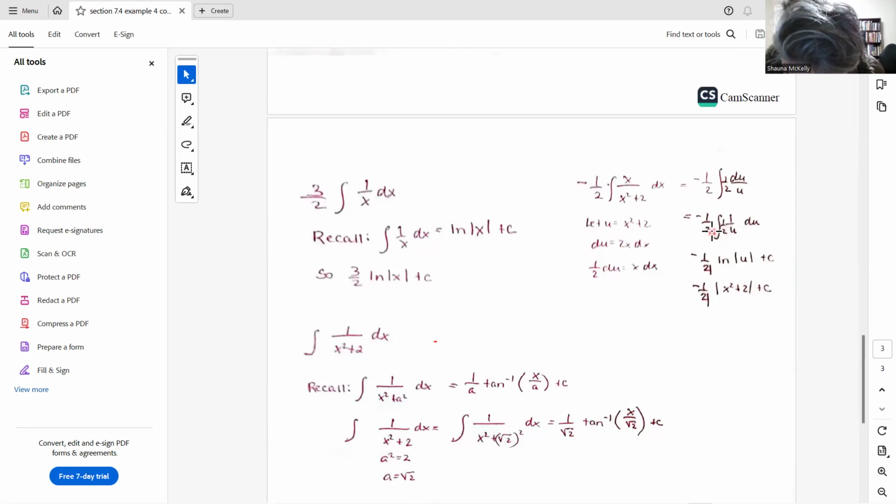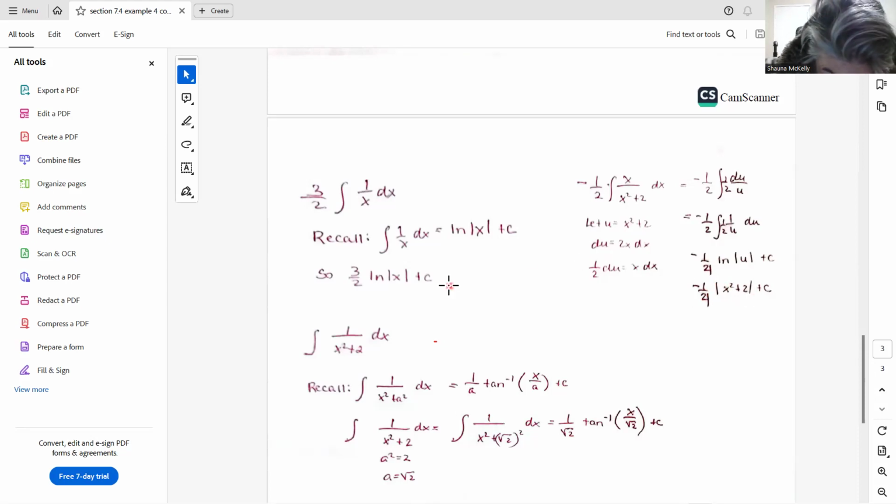And then this just becomes 1 over u again. So it's the natural log, the absolute value of u. Remember, u was the quantity x squared plus 2. So I have -1/4 natural log of the absolute value of x squared plus 2 plus c.